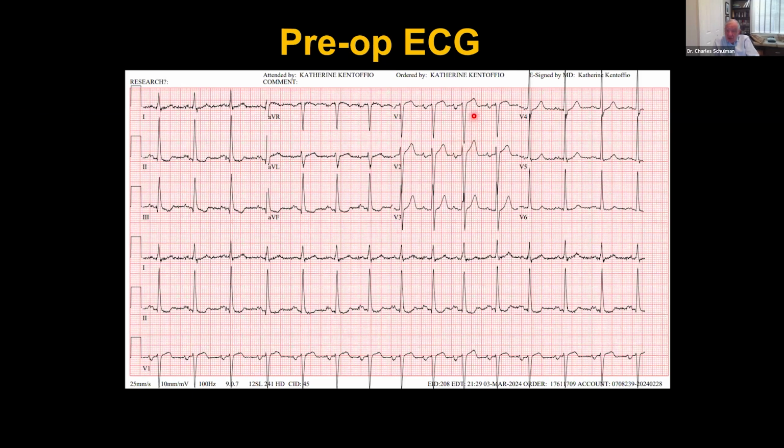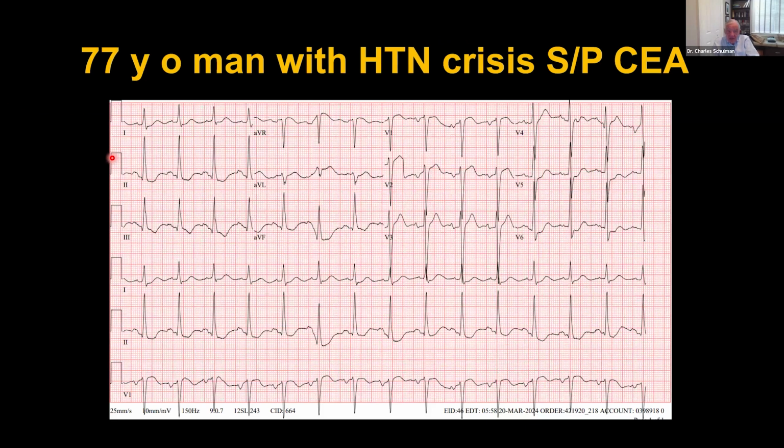So this is just LVH, and these are also secondary changes, not primary changes. But this is what he presented with chest pain, and they're much more prominent, as you can see, particularly ST depressions in V5 and V6.